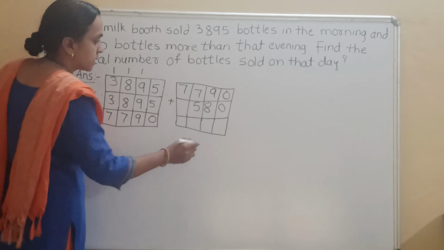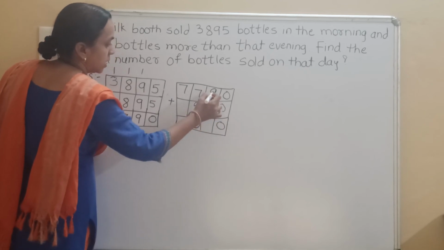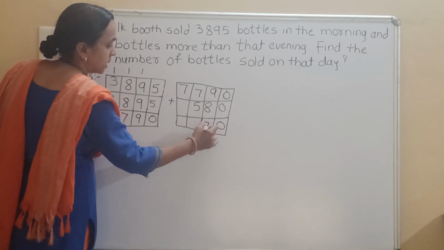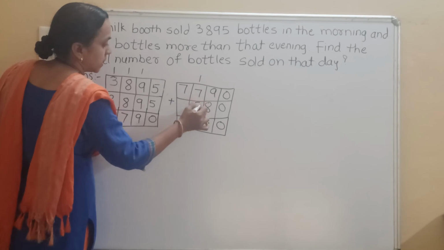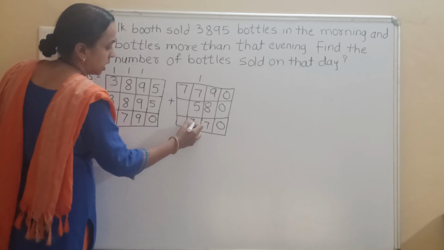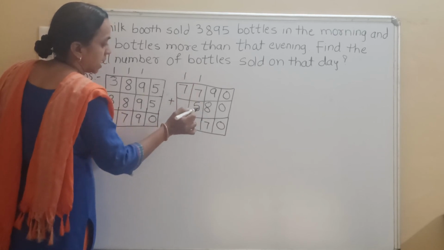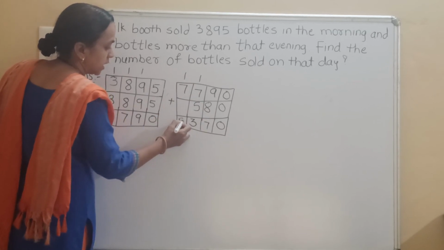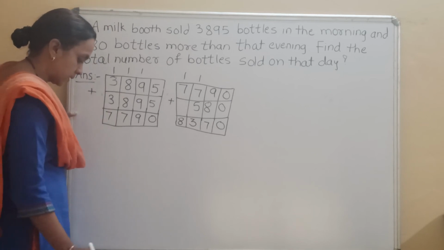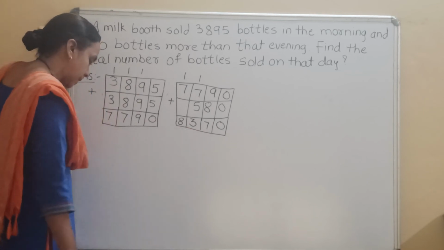Now add this. 0 plus 0 is 0. 9 plus 8 is 17. Carry 1. 7 plus 5 is 12, 12 plus 1 is 13. So write down 3 here. Carry is 1. 7 plus 1 is 8. So what is our answer? 8,370.